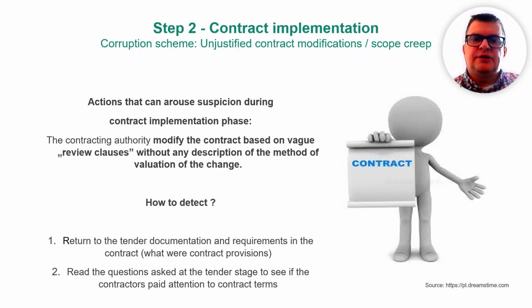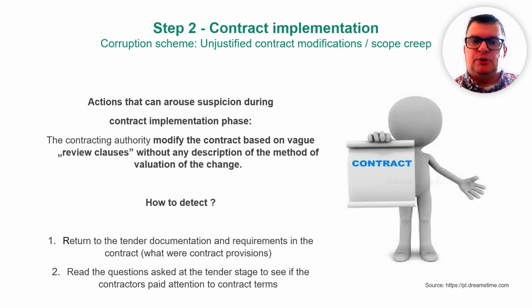Another thing that can raise a red flag is when the contracting authority changes the contract by using very vague review clauses. So what can be changed in the contract, how it can be changed, and under which circumstances. If those clauses don't explain, for instance, how the value of the change will be calculated, it can look suspicious and potentially unfair.